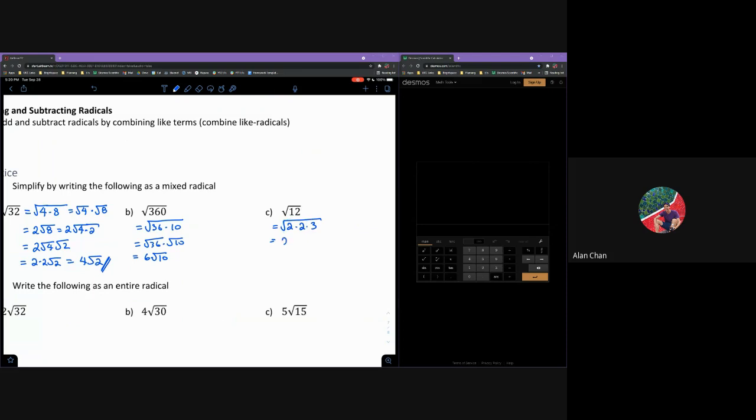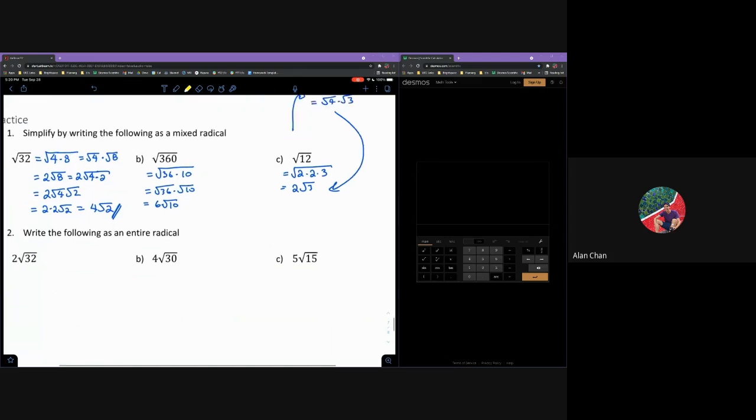That means we can just take them out and do root 3. Okay, and again, the reason why is because this is root 4 times root 3, and then it comes out. So again, whether you say square root of 4 or the square root of 2 times 2, it does the same thing. Okay, if you ever see a number repeated under the square root sign, that means you can take it out. Does that make sense?